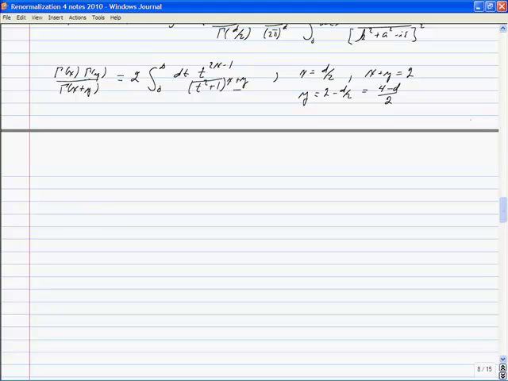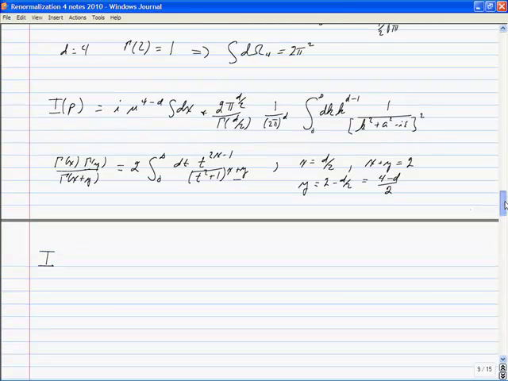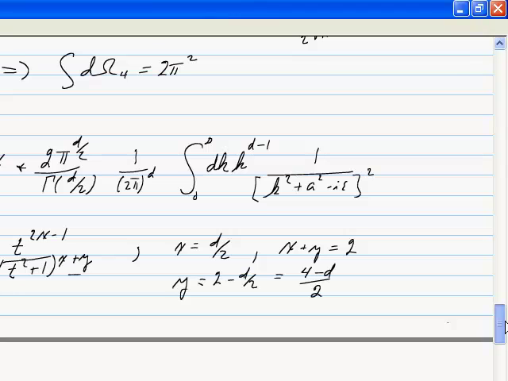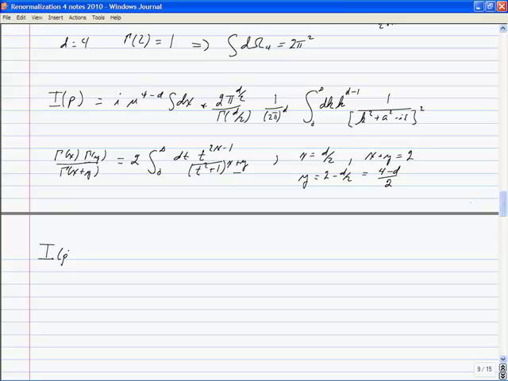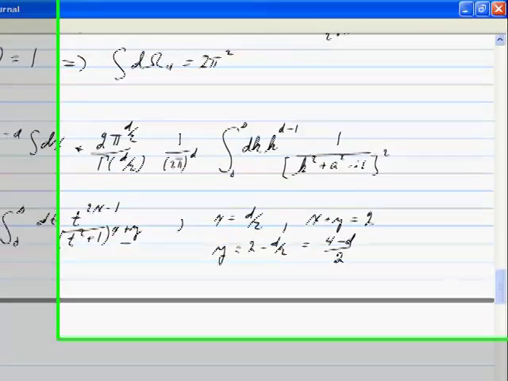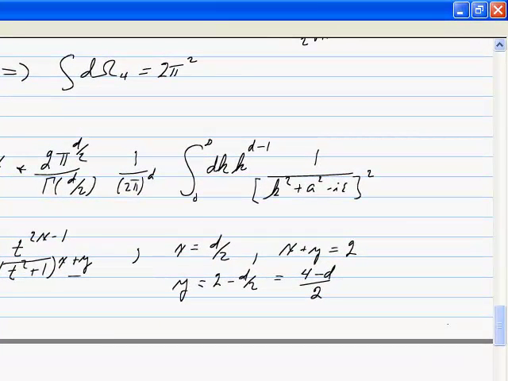So I of P is actually, maybe one other thing I should say before I do that. This expression here has t squared plus 1. This has k squared plus a squared.